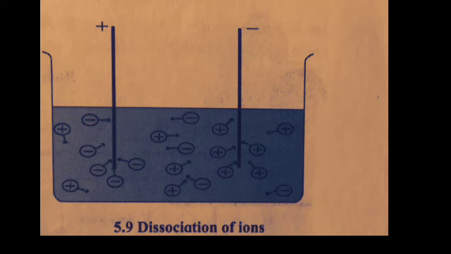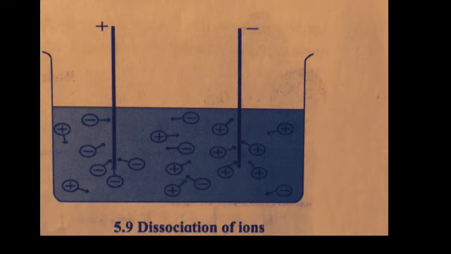A characteristic of the liquid state is the mobility of its particles. Due to this mobility, the positively charged cations in the solutions are attracted towards the negative electrode or cathode and move towards the cathode. On the other hand, the negatively charged anions move in the direction of the anode.